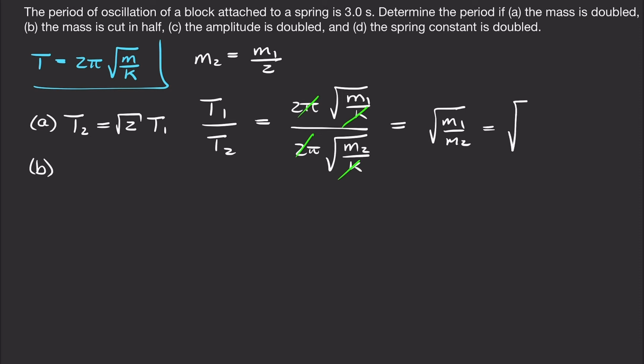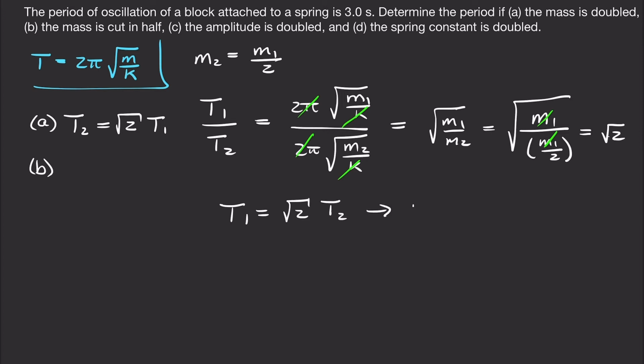And then if I plug in, I get square root of M1 divided by M1 over 2. And so my M1s again are going to cancel, but now this 2 is going to come up in the numerator. So this is just going to be square root of 2. Now if I solve, I will get T1 equals the square root of 2 times T2, so it's backwards now.